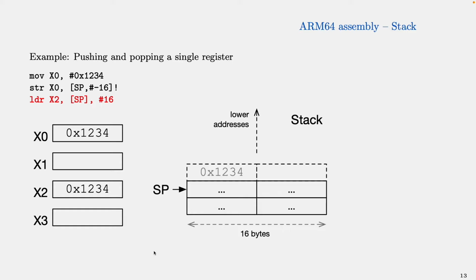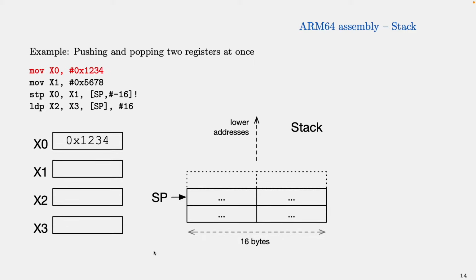And by comparison, let's look at the pairwise push and pop. So here first we write hex 1, 2, 3, 4 into x0. Then we write hex 5, 6, 7, 8 into x1. And then we use the pairwise push, which takes the first argument to the lower order bytes in the stack entry and the second argument into the higher order bytes.